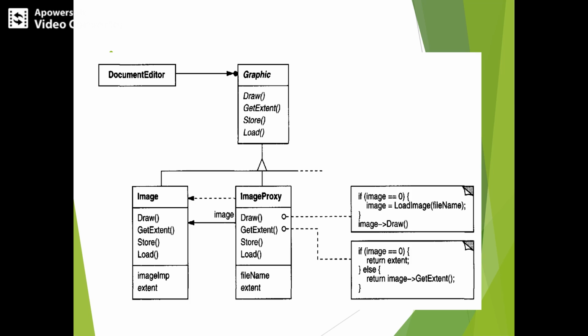Get extent forwards the request to the image only if it is instantiated; otherwise the image proxy returns the extent it stores, so it will not perform again. This is the structural diagrammatical representation of the motivational example.